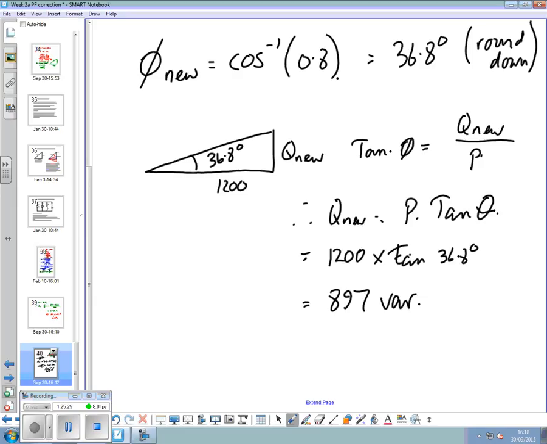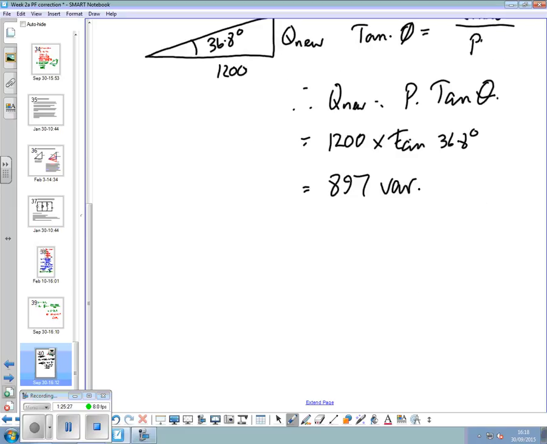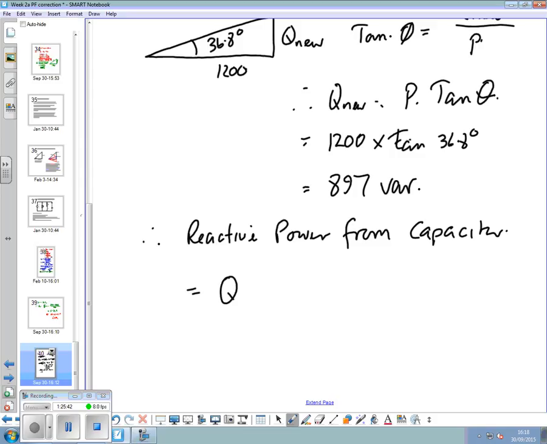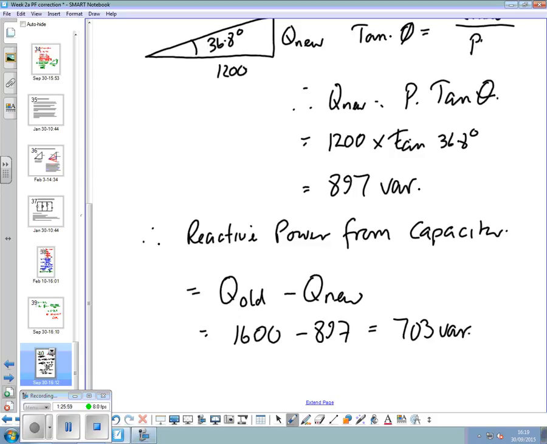So what we can do now is say, therefore, reactive power from capacitor is equal to Q old minus Q new, which is 1600 minus 897 equals 703 var.